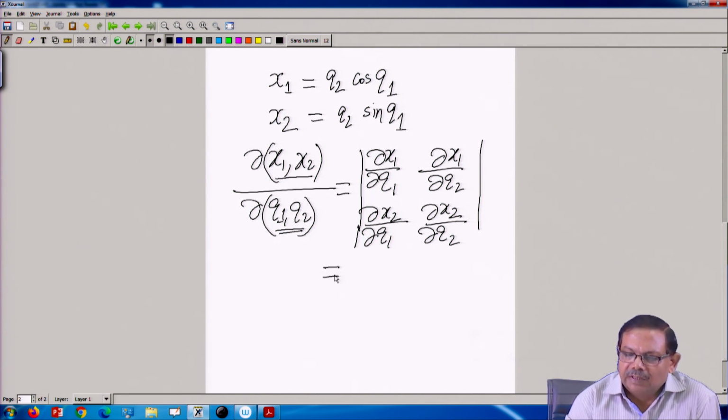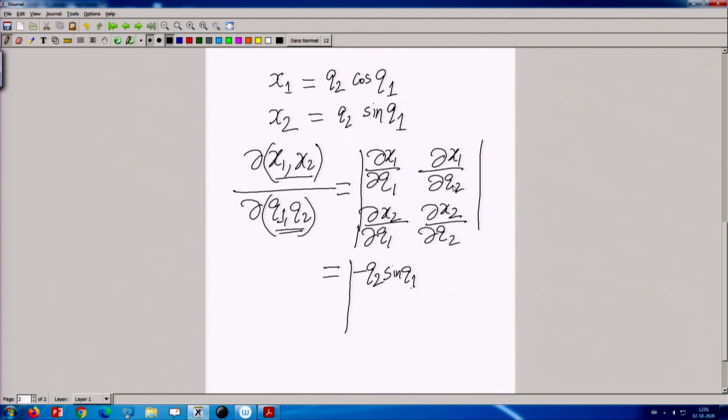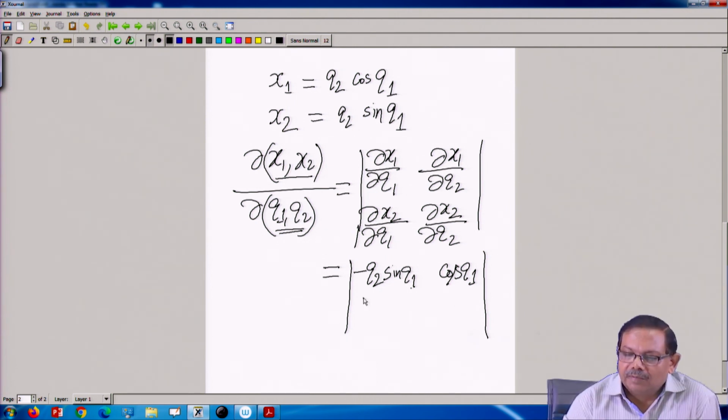So, let us see in this case what happens. If I take the derivative with respect to q1, I get minus q2 sin q1, and with respect to q2, I get cos q1. Similarly, the derivative of x2 with respect to q1 is q2 cos q1 and with respect to q2 is sin q1, right.